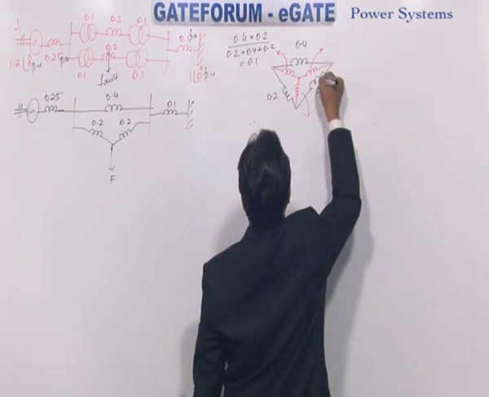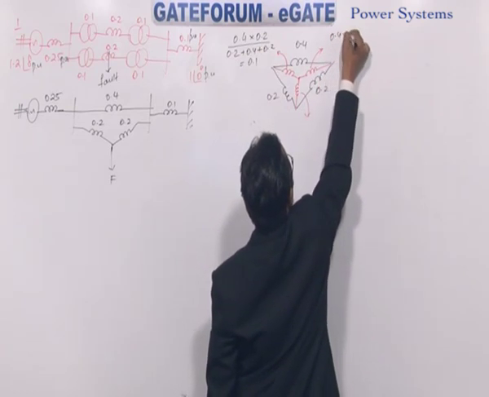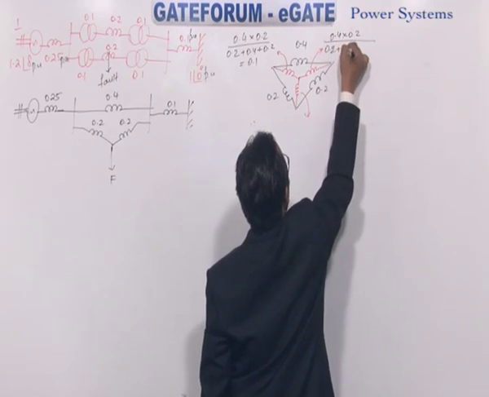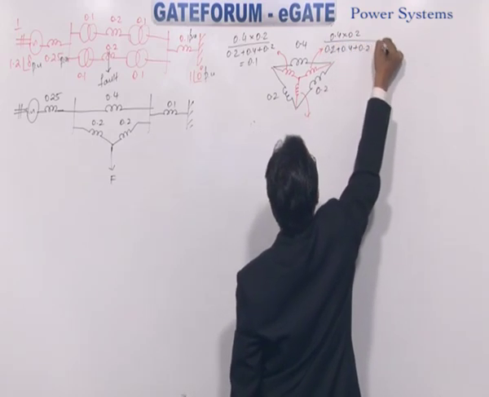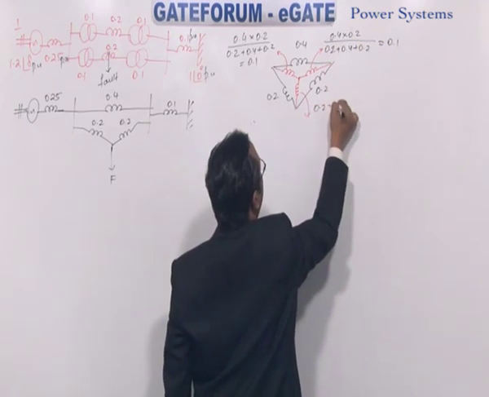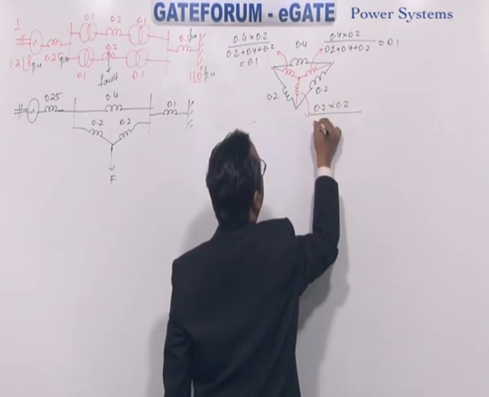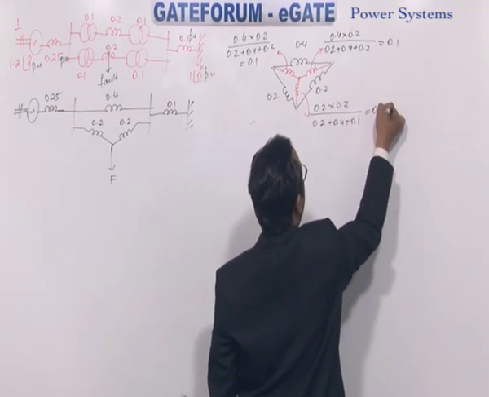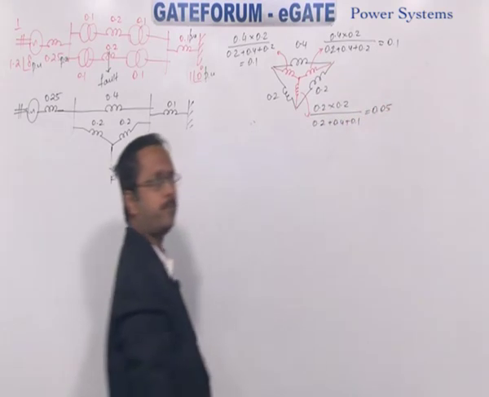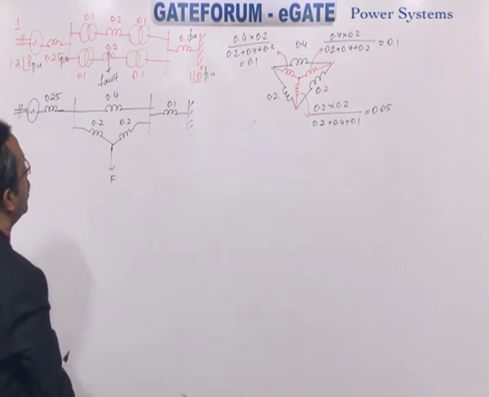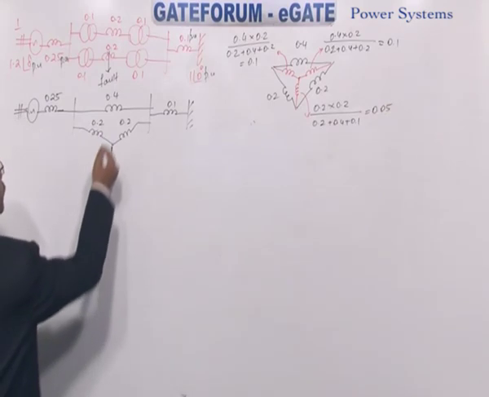What about this one now? 0.4, 0.2. The denominator is the same. What about this one now? 0.2, 0.2. The denominator is again the sum. 0.05. So this is how you convert the delta into star.